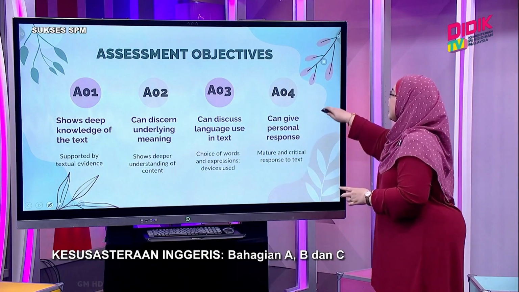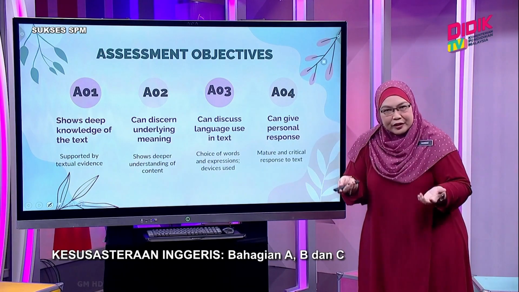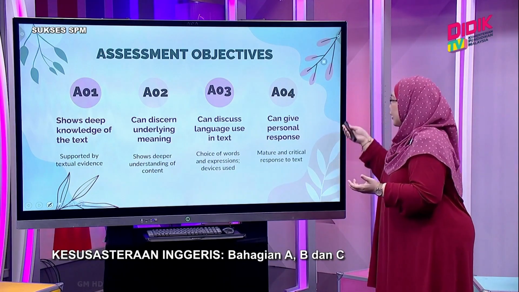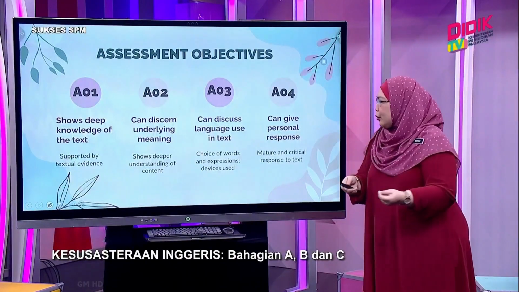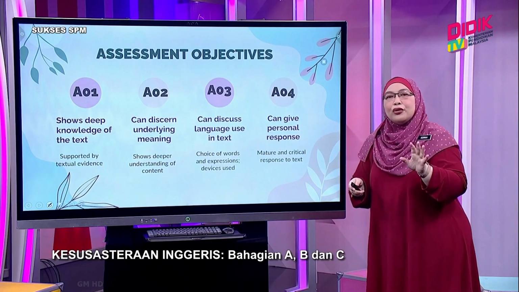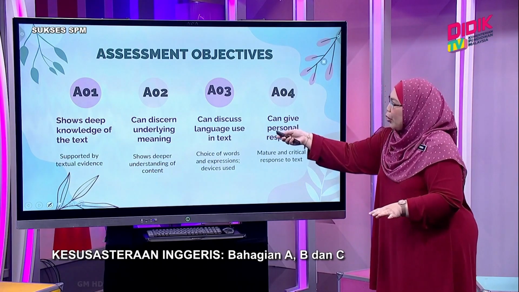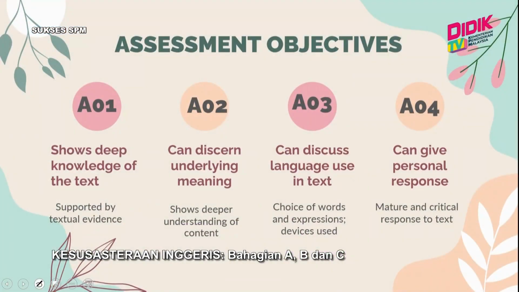All right, and the last AO is perhaps my personal favorite, all right? Because AO4 is where you must prove that you have been able to not just read through the text, know the text well, support by providing evidence, right? But also able to tell very clearly in your responses, I have got a personal response.